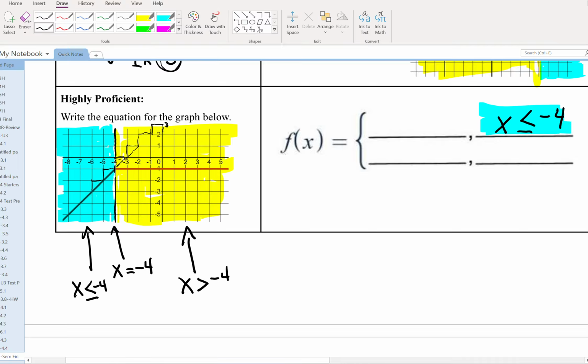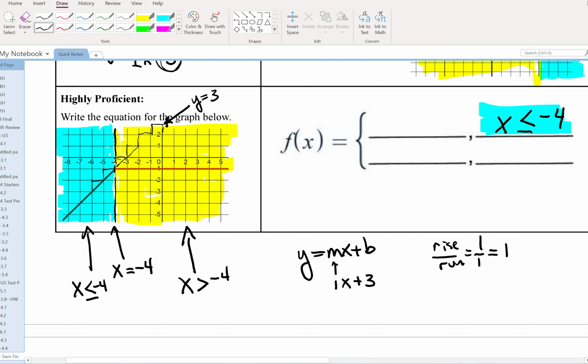And so its slope, if we've got y equals mx plus b, its slope is rise over run, and it rises 1 and runs 1. That's the slope of 1. And so this m value is 1. I've got x, and then plus 3. This point where it's going to connect there is where y equals 3.